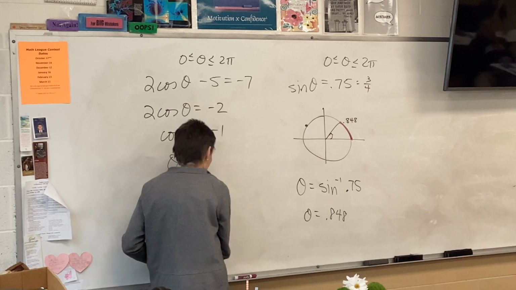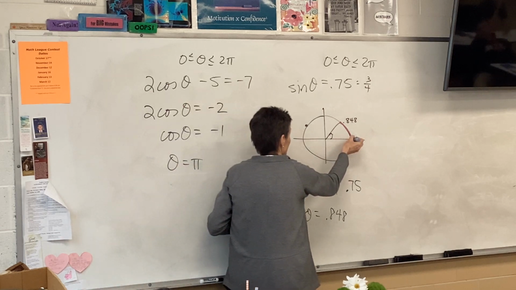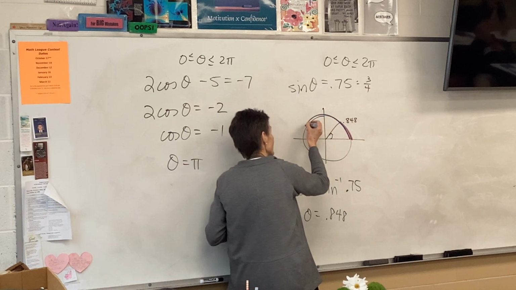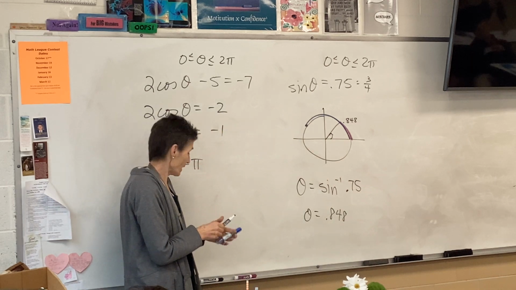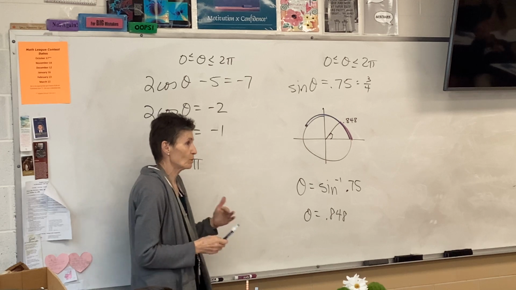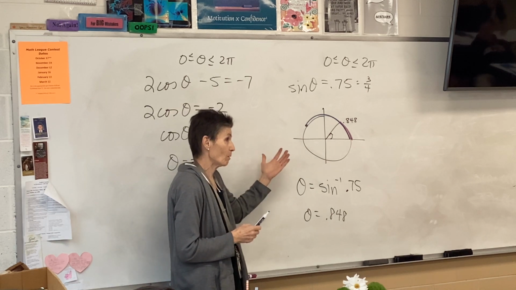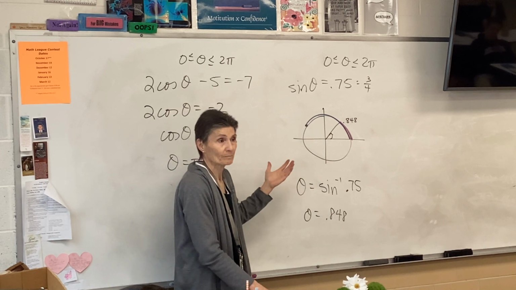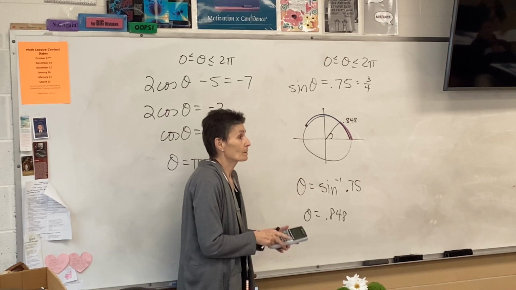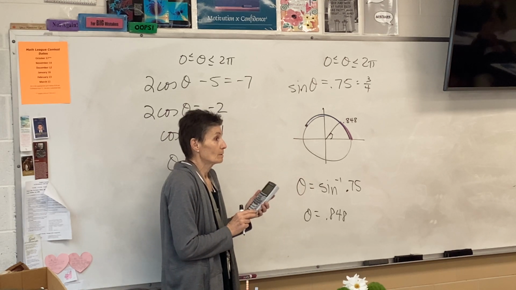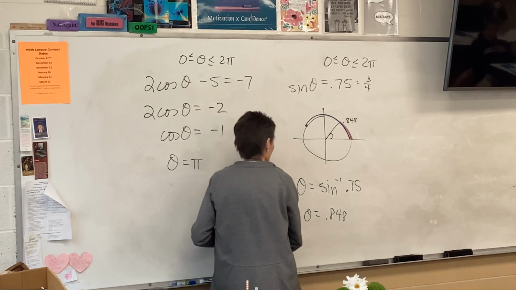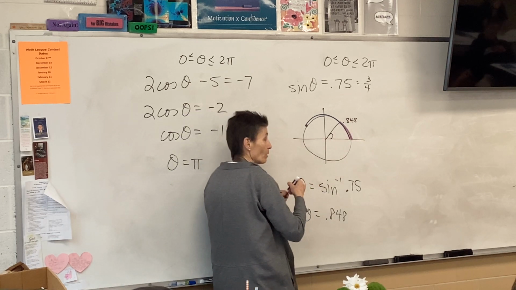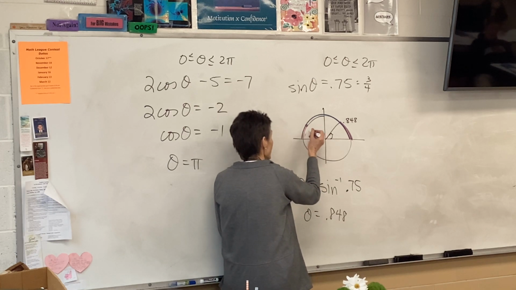The other answer is all the way around to here. You have to figure that out. Your calculator will help you, but how are you going to figure out what that blue thing is? Well, if this little pink arc here is 0.848, isn't this guy 0.848?